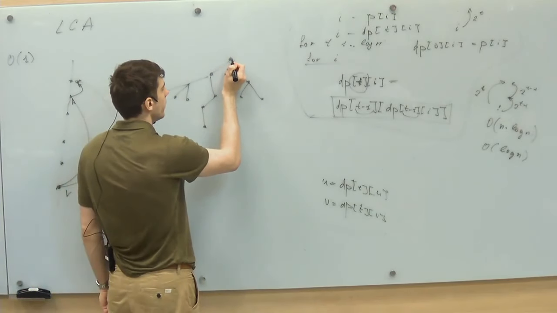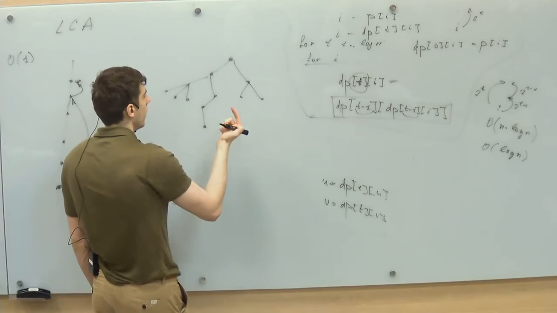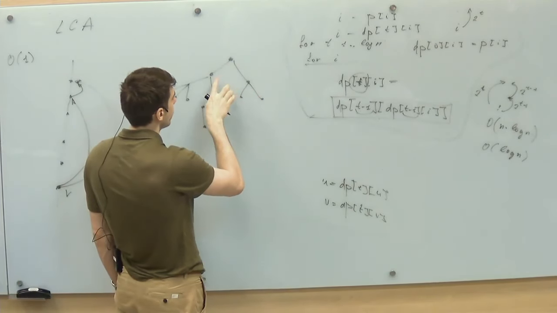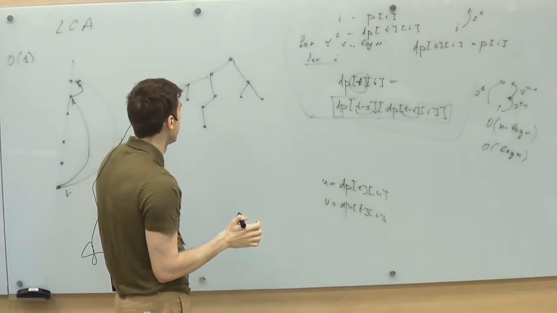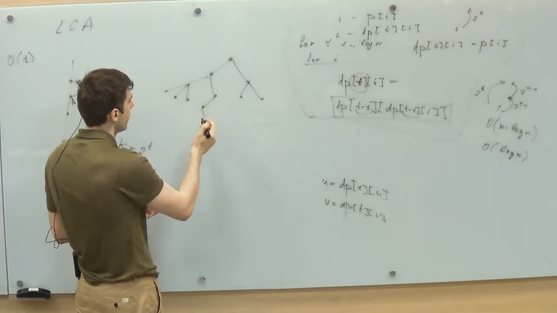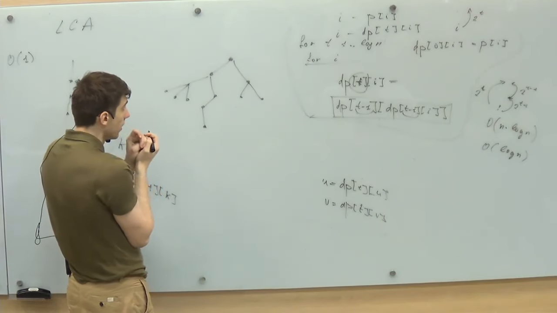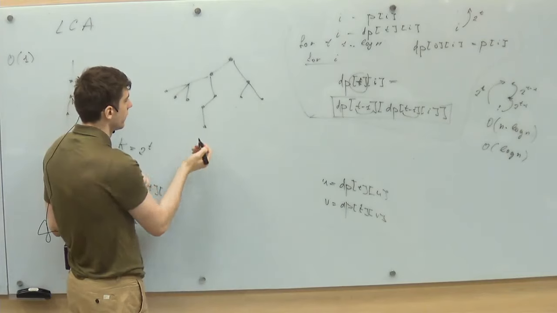So for each vertex, we will pick the one from its children that has the largest height. By the height of a subtree, I mean the largest depth of any vertex in this tree.